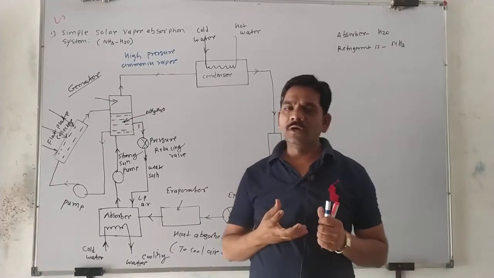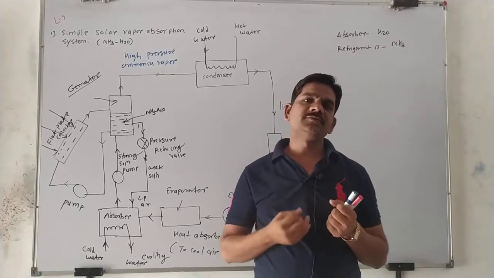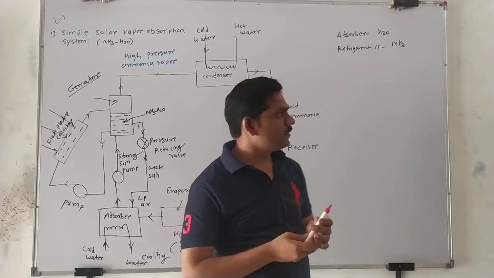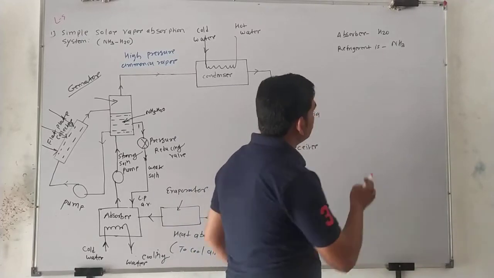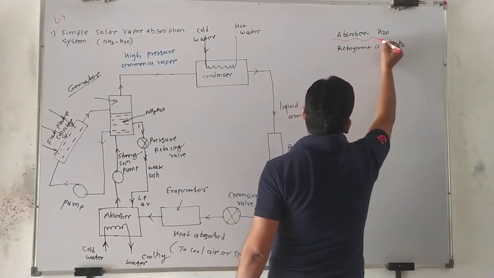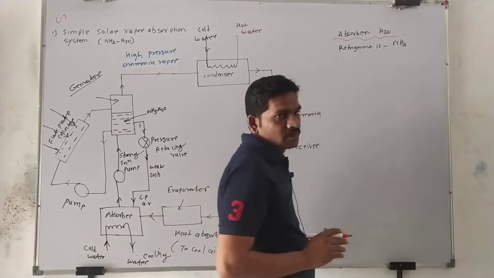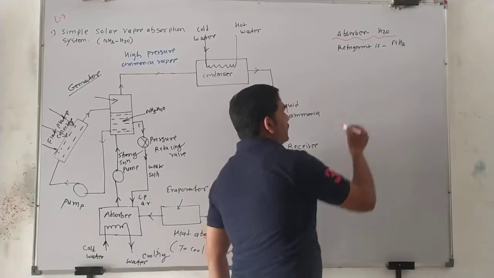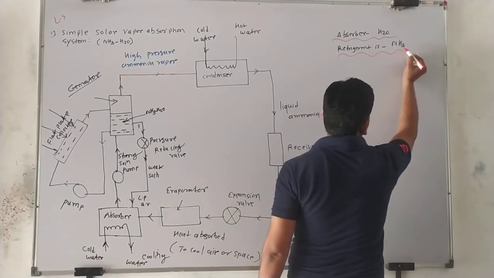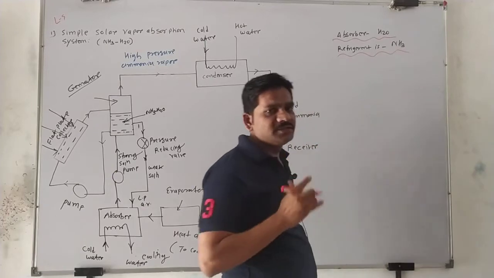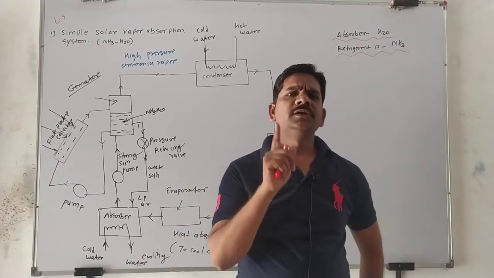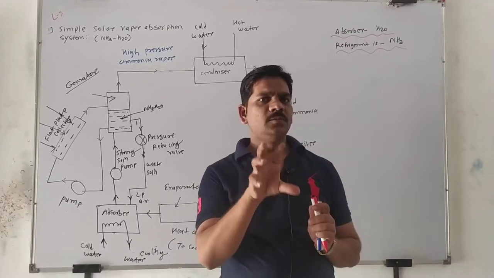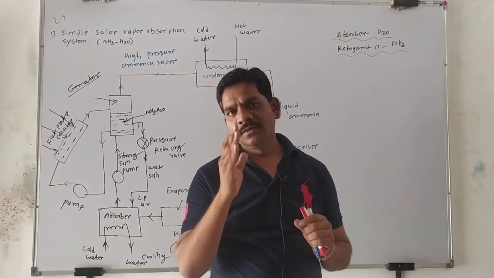So what do we do here? We have to absorb the vapors. That's why it is called the vapor absorption system. What is very important here? The absorber is H2O, means water absorbs the vapor. Which vapor is absorbed? The refrigerant used there is ammonia, NH3, and this ammonia vapor is absorbed by the water.